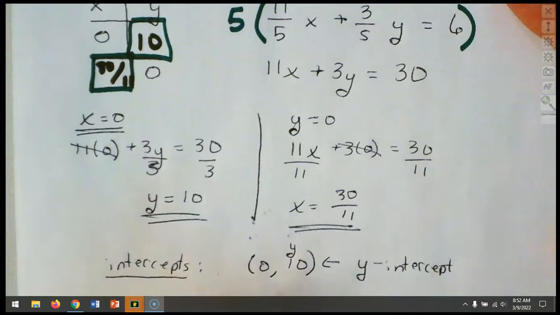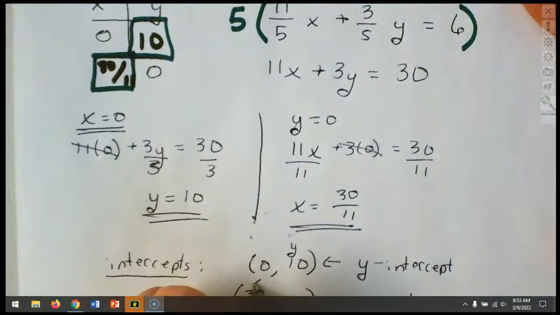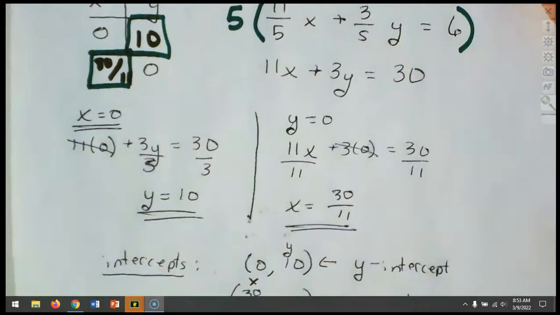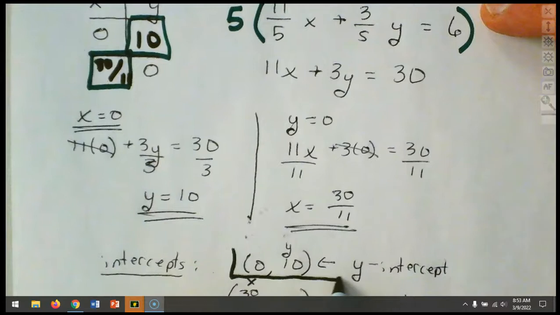And then we've got the other one, which is 30 over 11, 0, and that is your x-intercept. So write them out individually. Do not put them together. So there's your x-intercept and your y-intercept both listed out here.